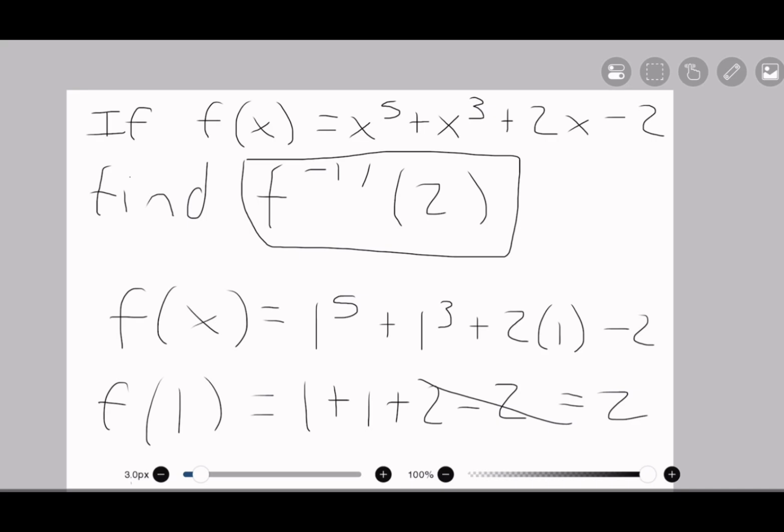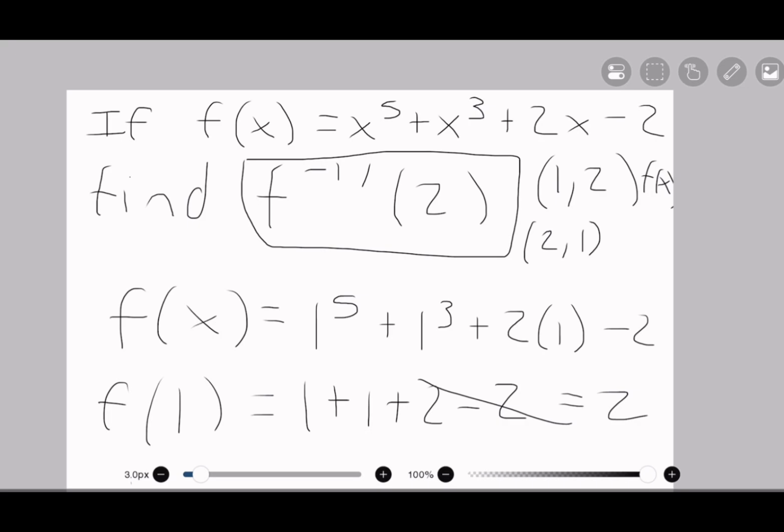So that's your x in your original function, not the inverse function. Your x will be 1, and it'll give you the y of 2. So if you have this point on your regular function f of x, the inverse of this will be 2, 1.